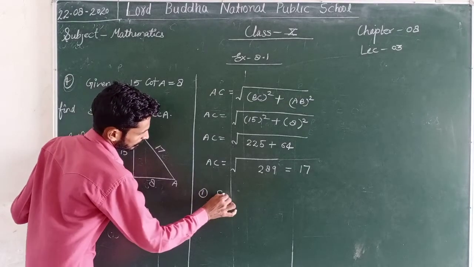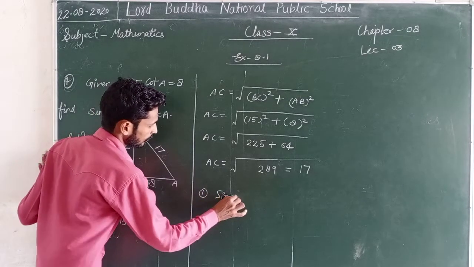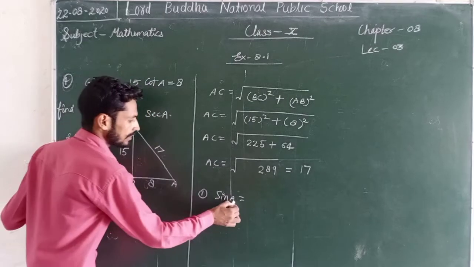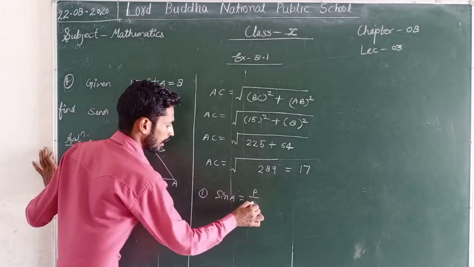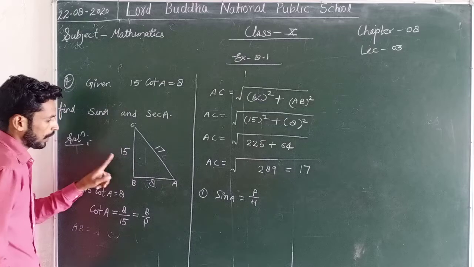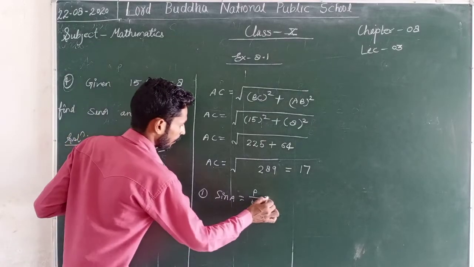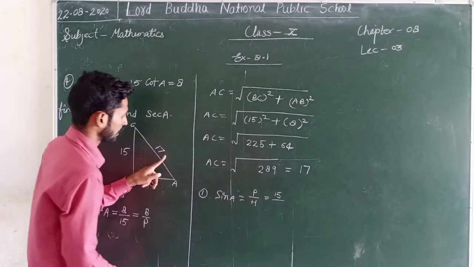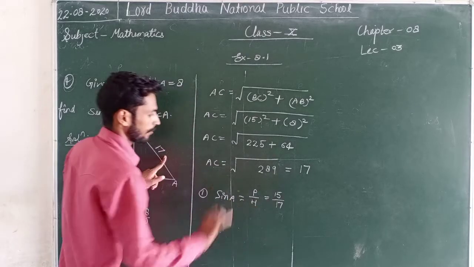Question number first is sin A. What is sin A? Sin A is the ratio of perpendicular upon hypotenuse. What is the perpendicular? 15, and hypotenuse is 17.